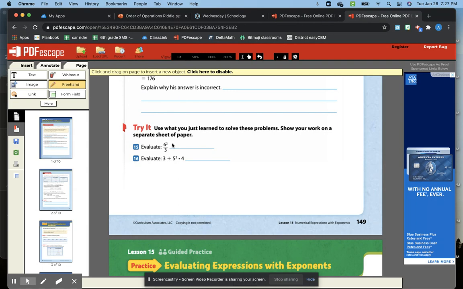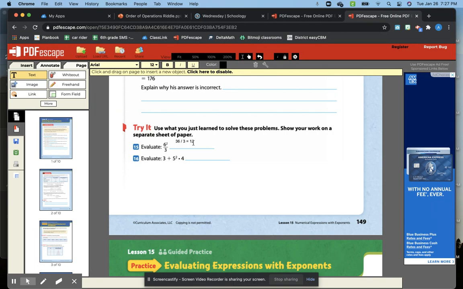So 6 times 6 is 36. And then we're going to divide that by 3, because remember that fraction bar means to divide. 36 divided by 3 is 12.